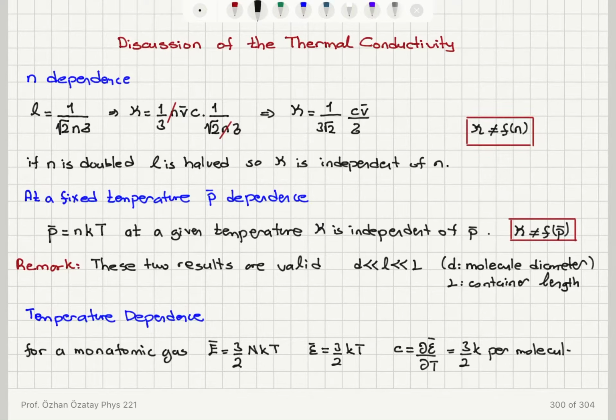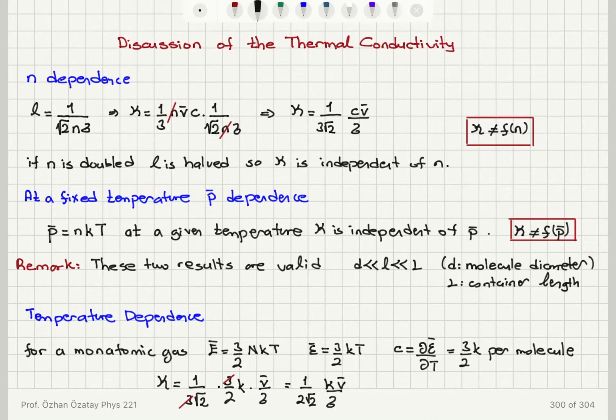Normally this doesn't appear to be temperature dependent, so in a reasonable temperature range, reasonably higher than absolute zero, you will have 1 over 3 square root 2. For c, we will now substitute 3 over 2 k, and then we have v bar over sigma. So these 3's will cancel, and we will get 1 over 2 square root 2 times Boltzmann constant times mean speed per molecule divided by the total scattering cross section.